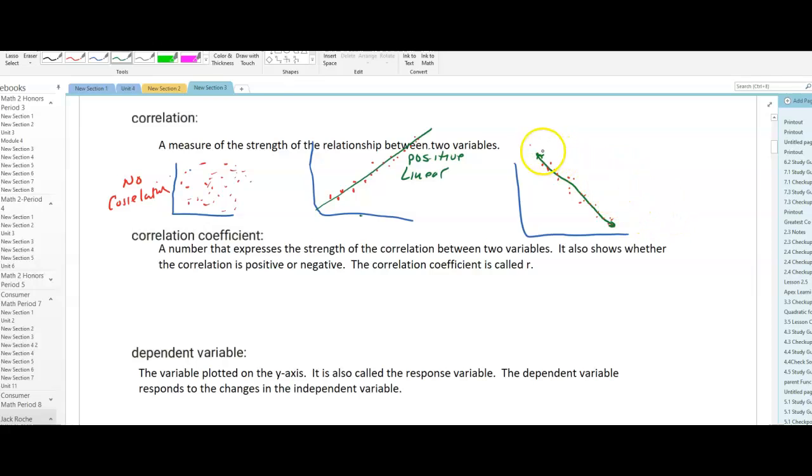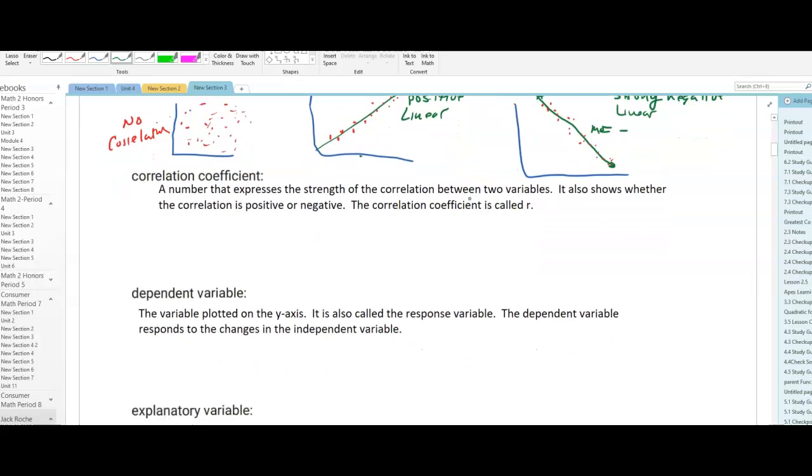Yes. So here, this has a linear relationship also, but we say it has a strong negative linear relationship because the slope of this is negative.